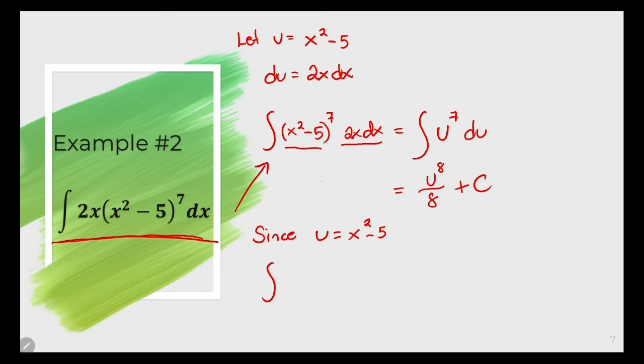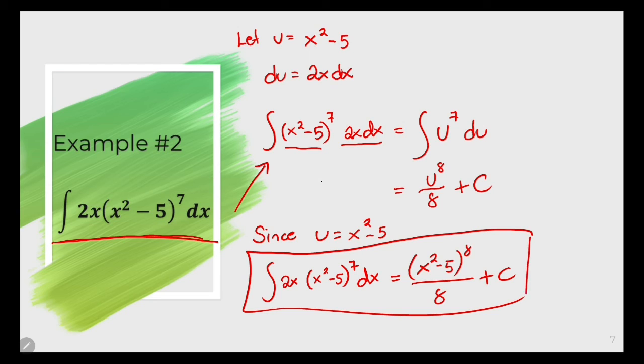So the integral of 2x times x squared minus 5 to the power of 7 dx, which is our original function expression, is equivalent to x squared minus 5 to the power of 8 over 8 plus c. And this is now our final answer.